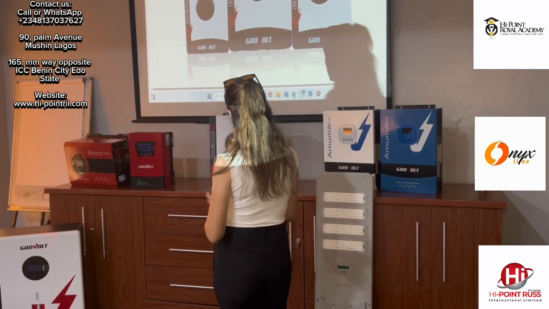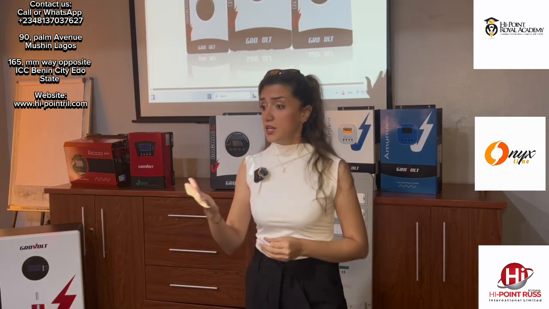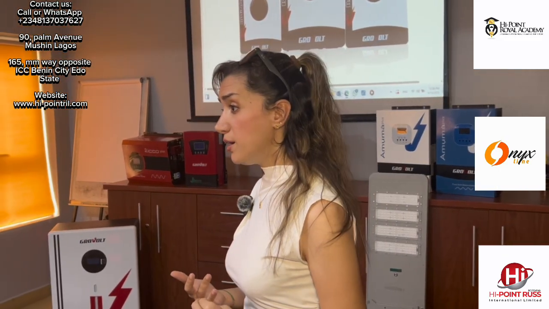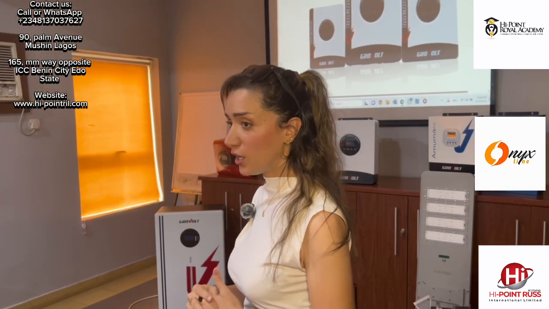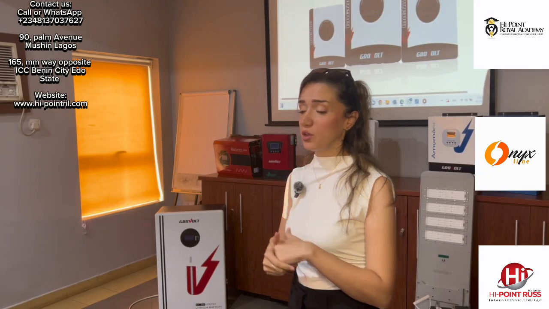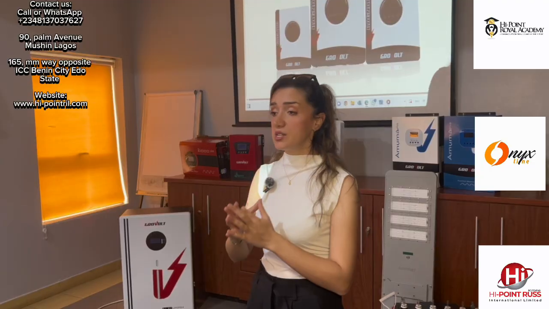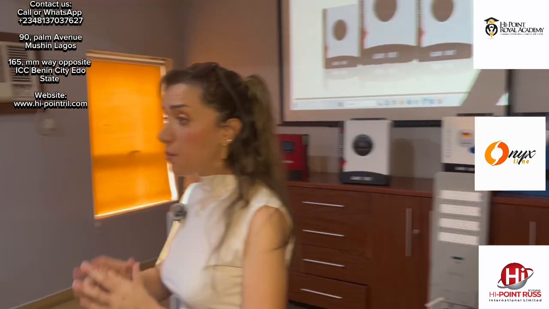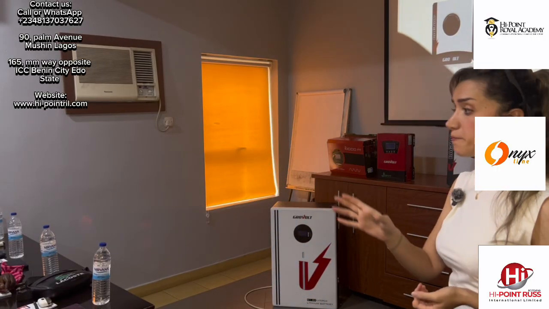What else? Okay, the PV input. When Engineer Daniel talked about Amoma, we saw the PV input for Amoma is limited. It's a maximum of 150 volts. This is the difference between high frequency and low frequency inverter: the PV input and the voltage range of the MPPT.